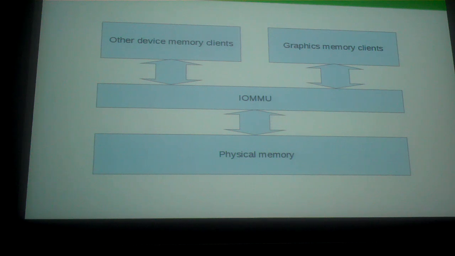So you have the page translation between any device in the system, on the system on a chip, and the physical memory. So you actually have memory protection for the GPU. So the GPU just can't freely access any memory.